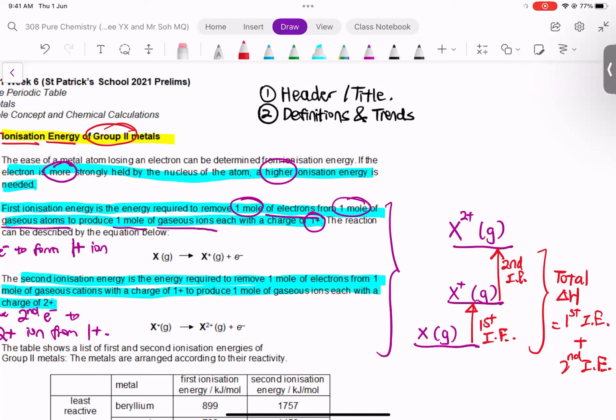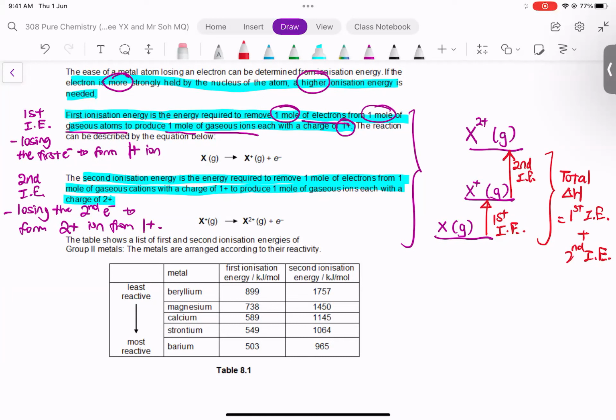With that, we can move on to the table. Now, you are very often given information in a table or in a graph. Whenever we are given numbers in a table or graph, it is good to write out the trend. So what is the trend here? The trend is in terms of reactivity versus ionization energy. You are given reactivities, you are given IE.